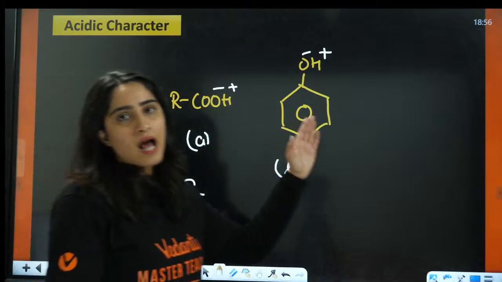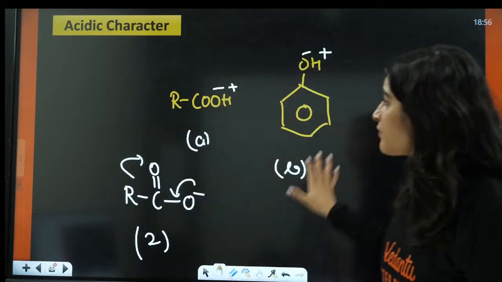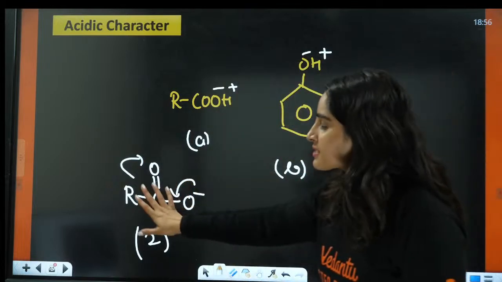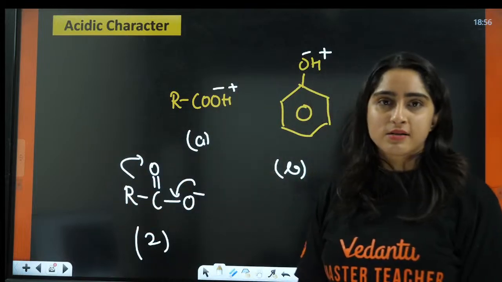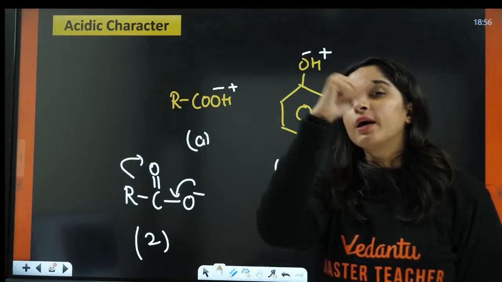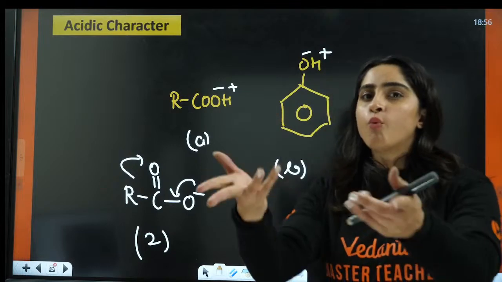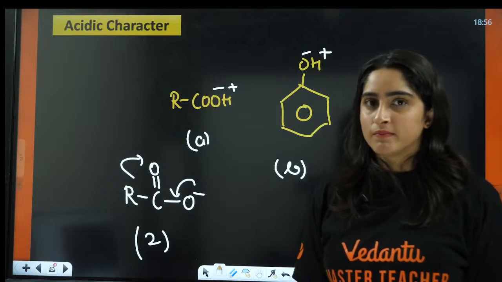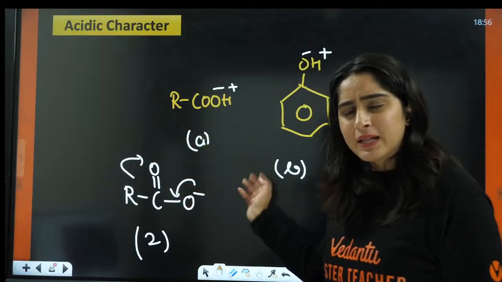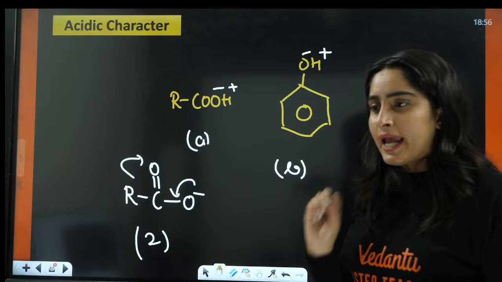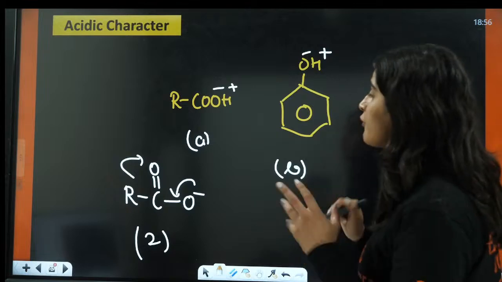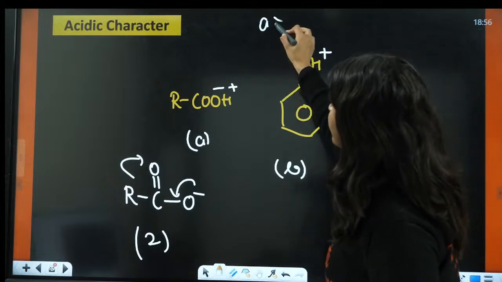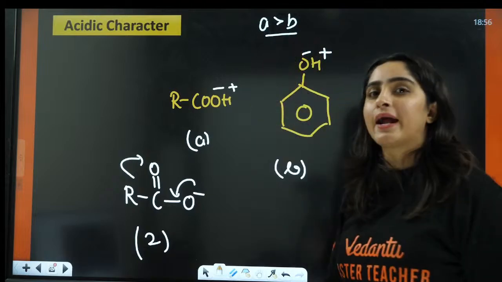This is the phenoxide ion, so you have around 5 resonating structures, and in the other case just 2 resonating structures. And, ma'am, the more the number of resonating structures, the more the stability. That means A will be less stable than B, isn't it? But now I tell you, A is more stable than B. What is the reason behind that?